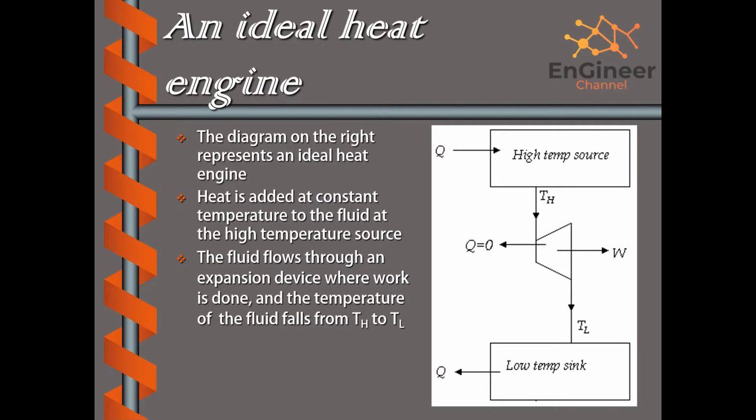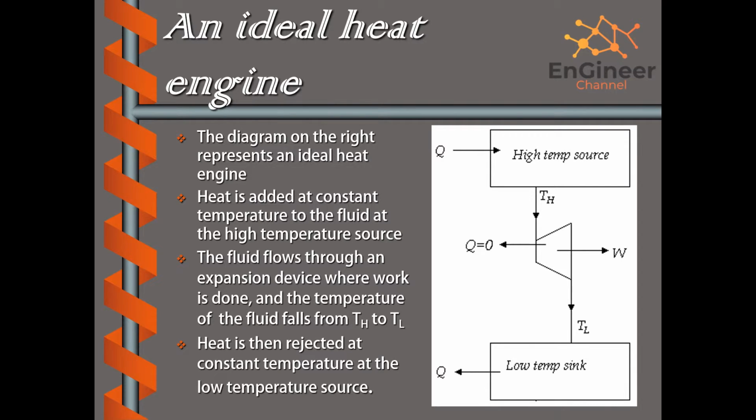The fluid flows through an expansion device where work is done, and the temperature of the fluid falls from the high temperature to the low temperature. Heat is then rejected at constant temperature at the low temperature source.